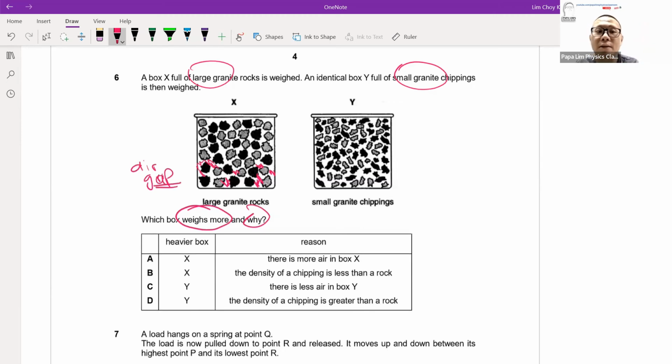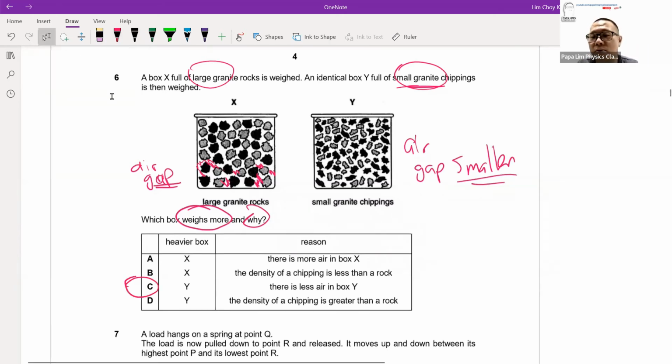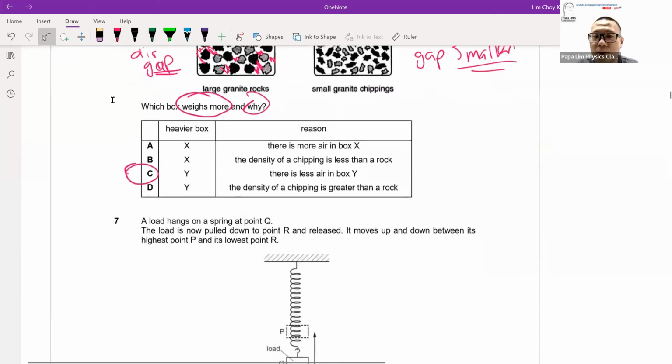Because the air gap is bigger, the number of stones I can keep inside X is lesser as compared to Y, where the gap is smaller. Because the gap is smaller, I will be able to squeeze in more graphite chippings inside that container. As a result, I will know that C will be the heavier box, because I am able to compress them together.